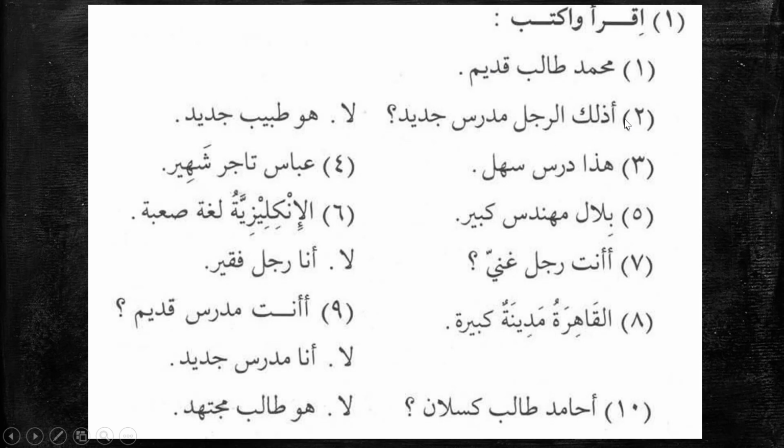If we look at our next sentence, ذلك الرجل مدرس جديد. Here we have ذلك and رجل. ذلك is specific and رجل is specific. Okay, they're both in the subject position. They're both male and they're both singular. And so because of that, الرجل is a تابع for ذلك.